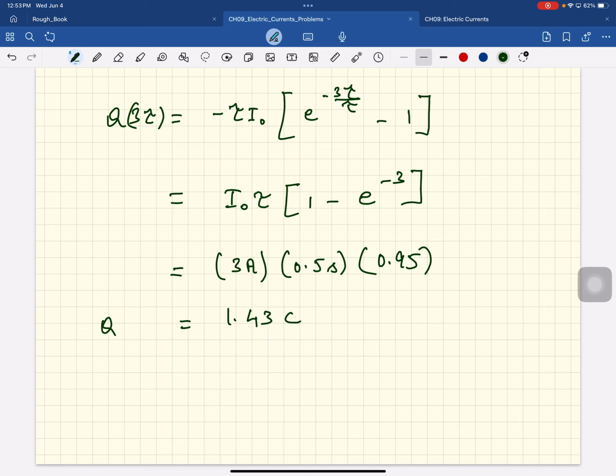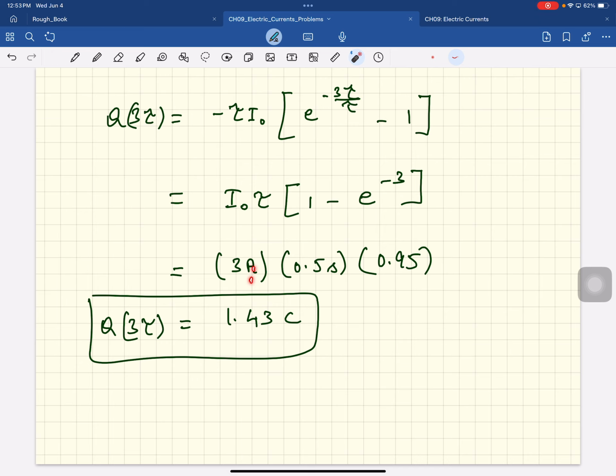So 1.343 coulombs have flown in that time. Amperes is coulombs per second, and the second cancels.